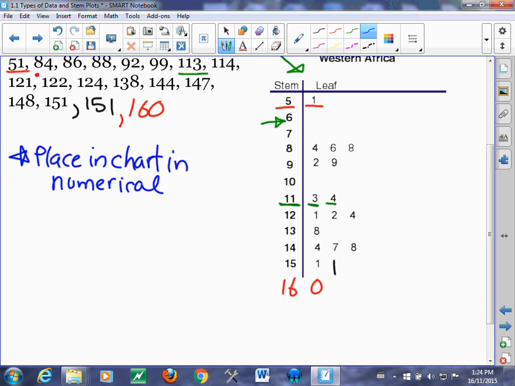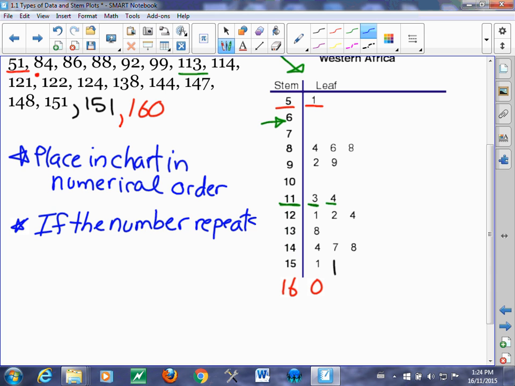And if a number repeats, include it in the leaf each time.